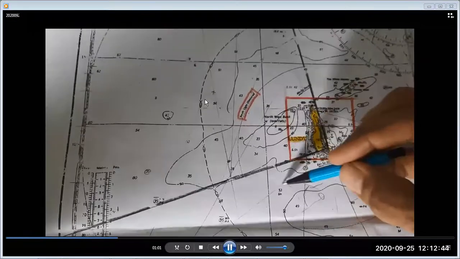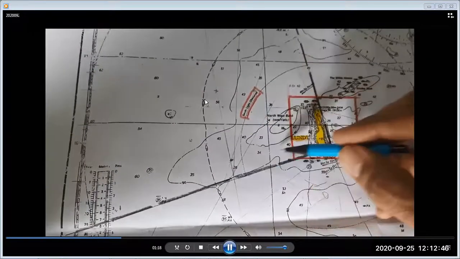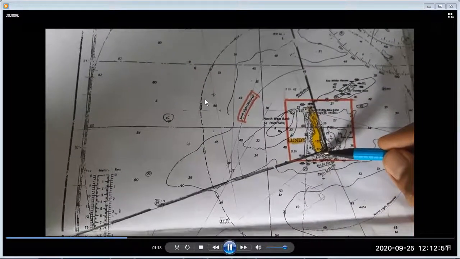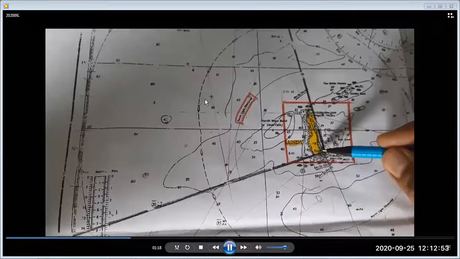Once the ship sails on this line, it will not be able to see this light, so this light will become obscured. That means it will not be seen because of some hindrance.